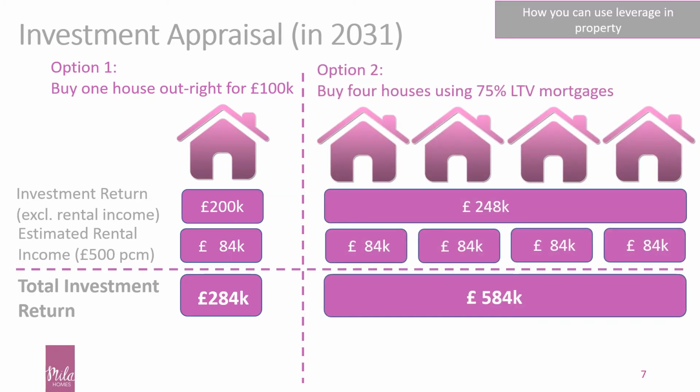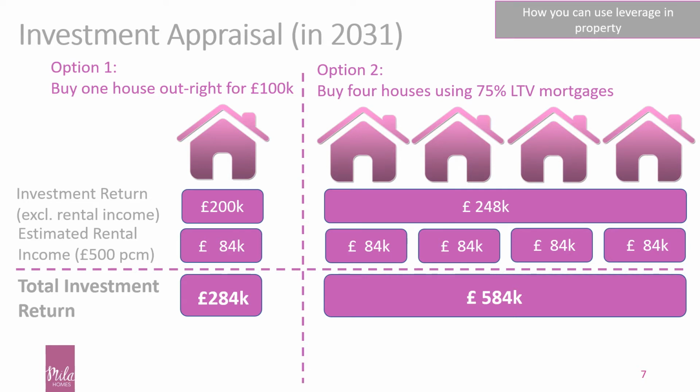And option two, this is where you can see the real power of leverage. So the investment return just on the house value alone and the equity that you had in there, you can see 248,000. But the estimated rental income, you now effectively have that for 4 properties.